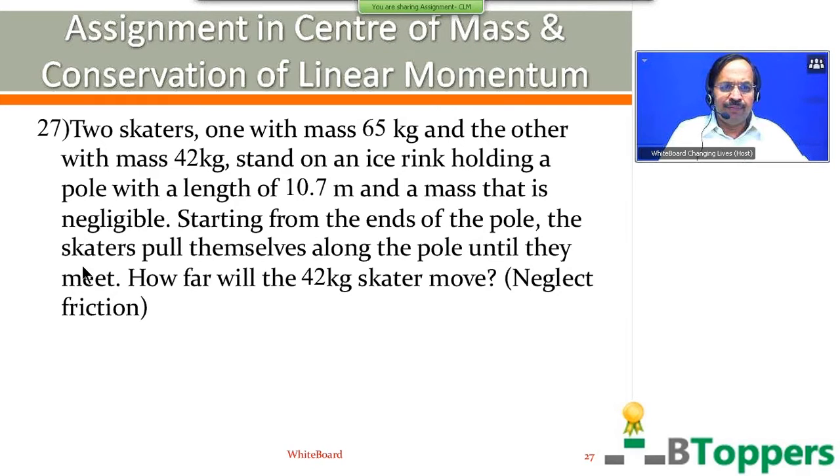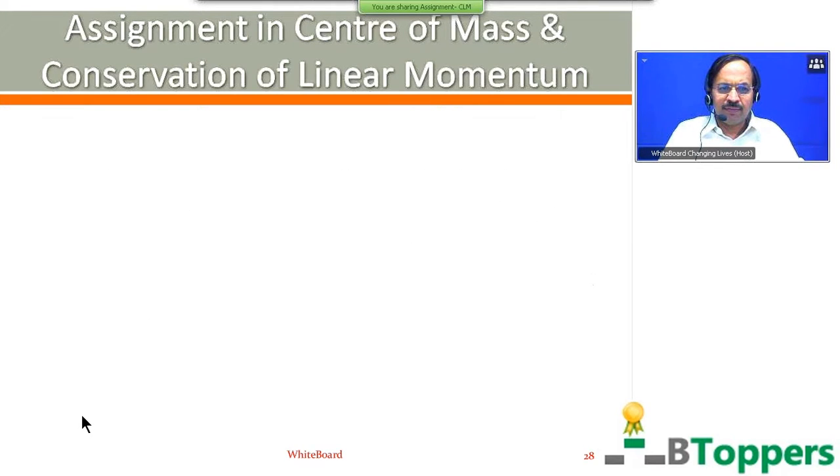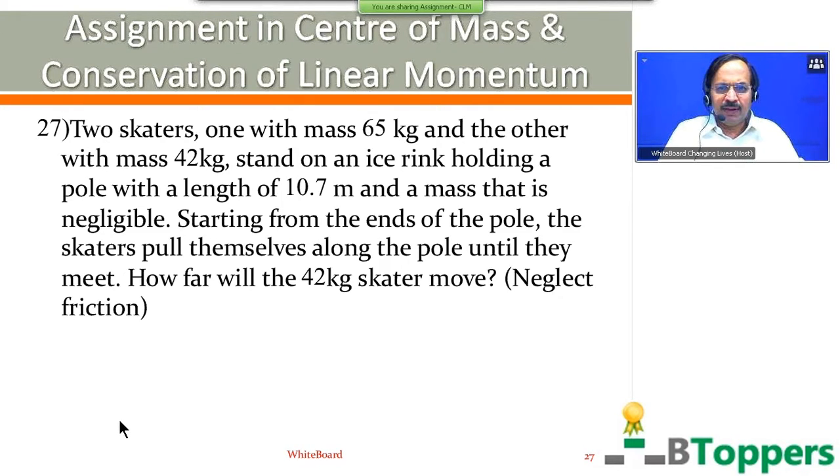Starting from the ends of the pole, the skaters pull themselves along the pole until they meet. How far will the 42 kg skater move? Neglect friction. Come on, try the question. No multiple choice options are given for this question. You have to work out the problem.